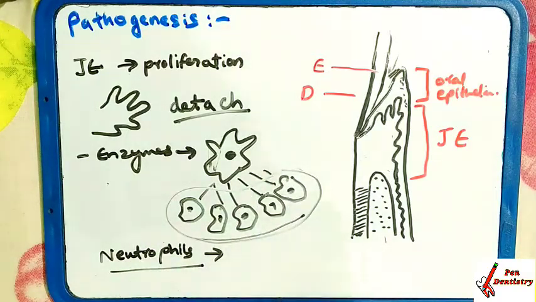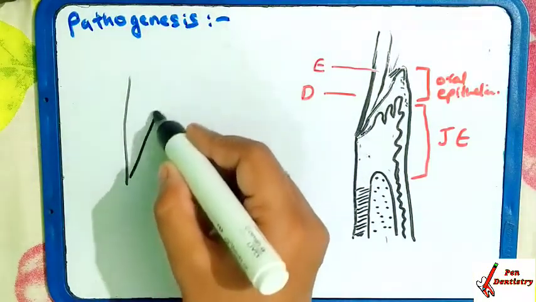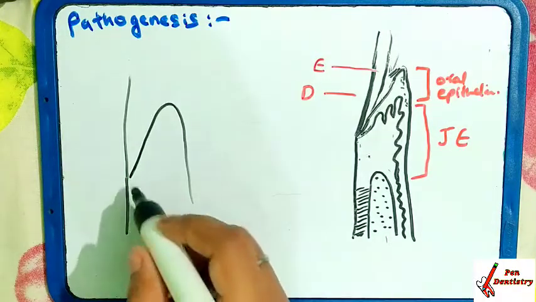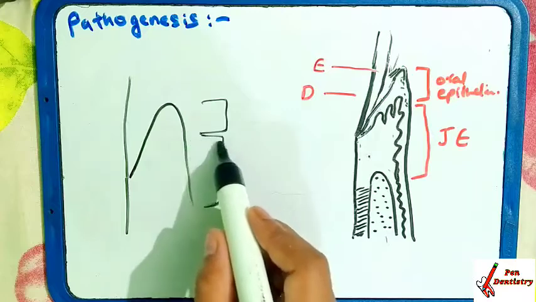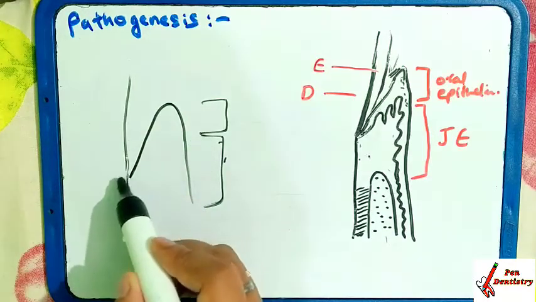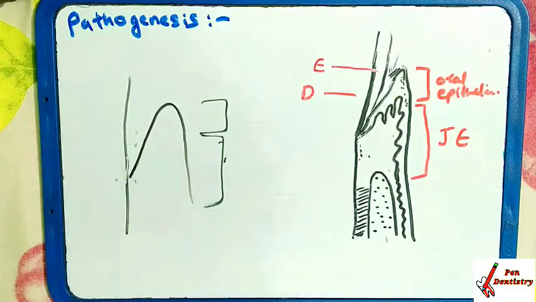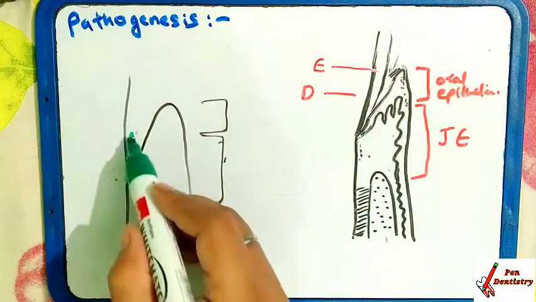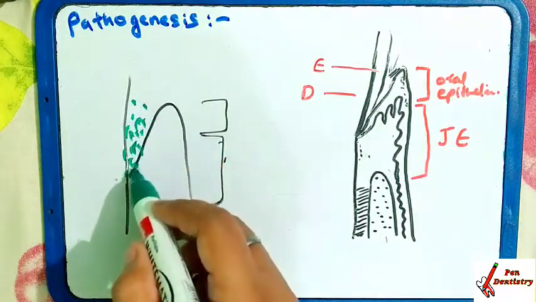This you know. So when the bacteria has come deep into the subgingival region, this is the supragingival and this is the subgingival. It has reached this part below the gingiva, and the bacteria or plaque has come down deep.